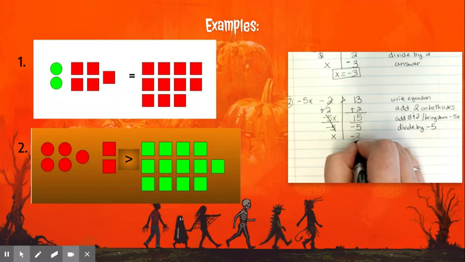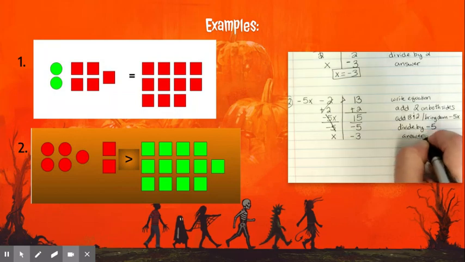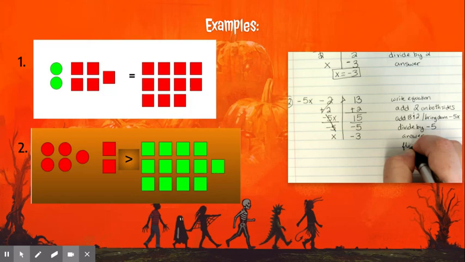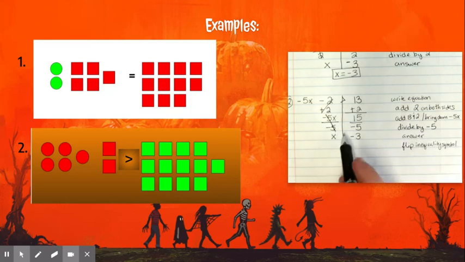So that's the answer. And then we flip the inequality symbol because we divided by a negative. So instead of greater than, it's going to be less than. And there we go.